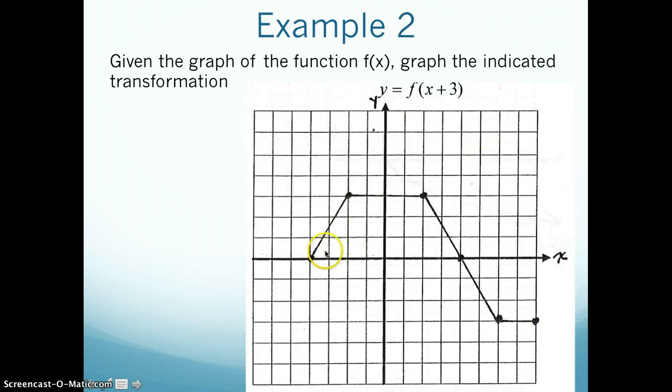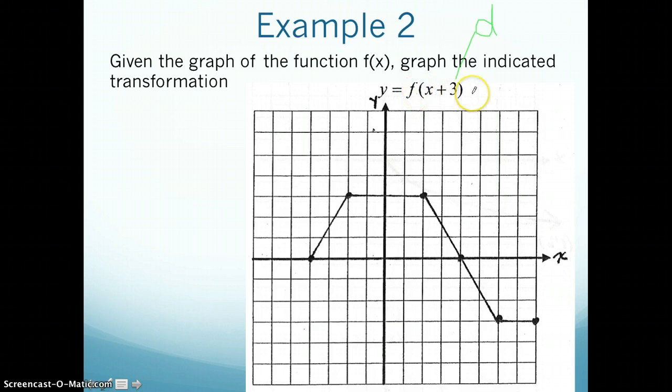Now the next one. If this is your function, f of x, and the transformation that I want you to do is f of x plus 3, then you have to think, okay, which transformation is this? Is it A? Is it K? Is it D? Or is it C? Because it's inside the brackets with the x, and it's being added, not multiplied or anything, that makes this D. So this is a horizontal shift.